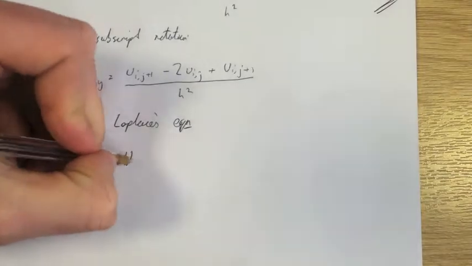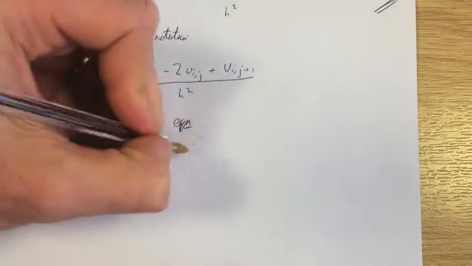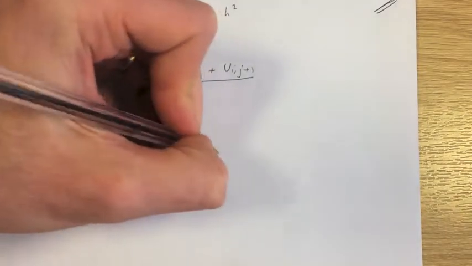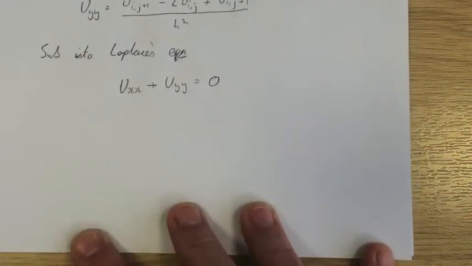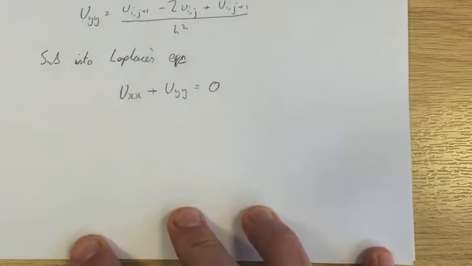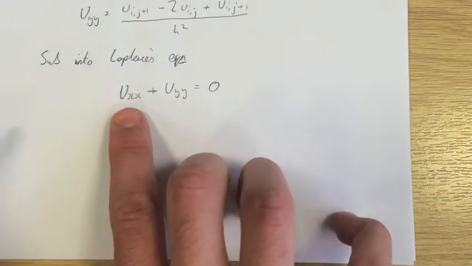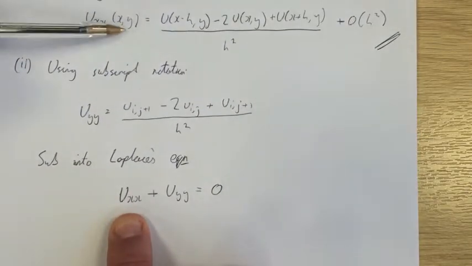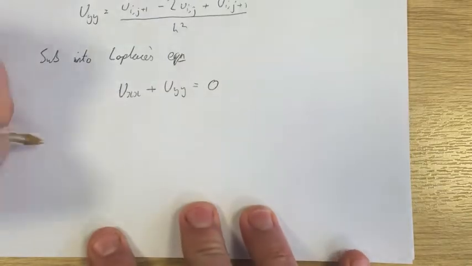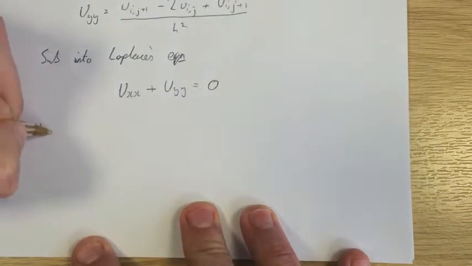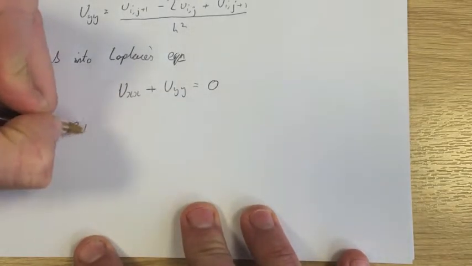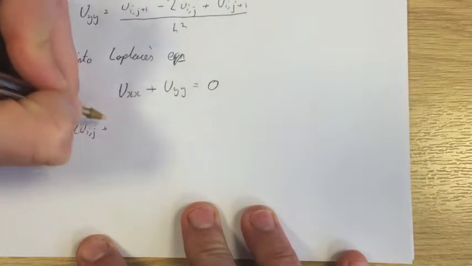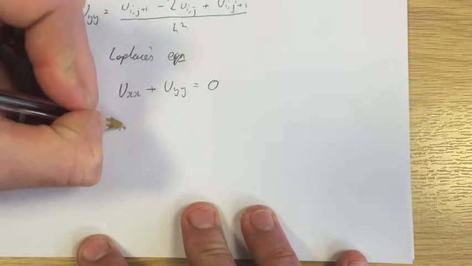Laplace's equation is a double derivative with respect to x plus a double derivative with respect to y equals 0. So we use our finite difference approximation from before, again using subscript notation just for brevity.